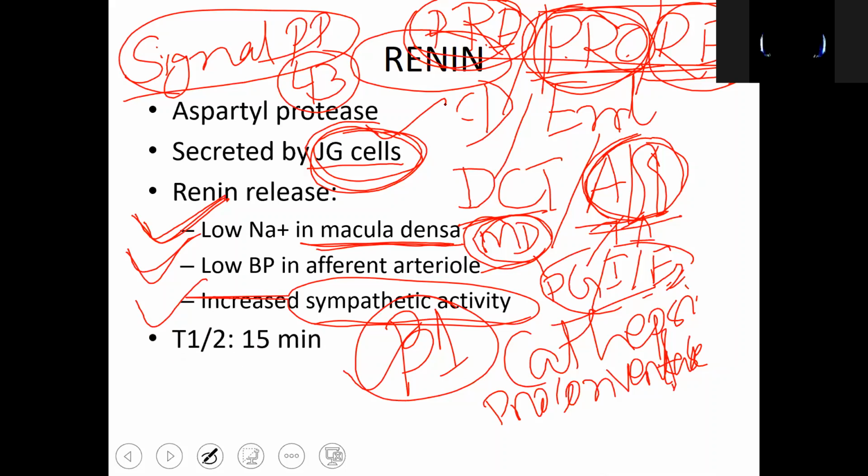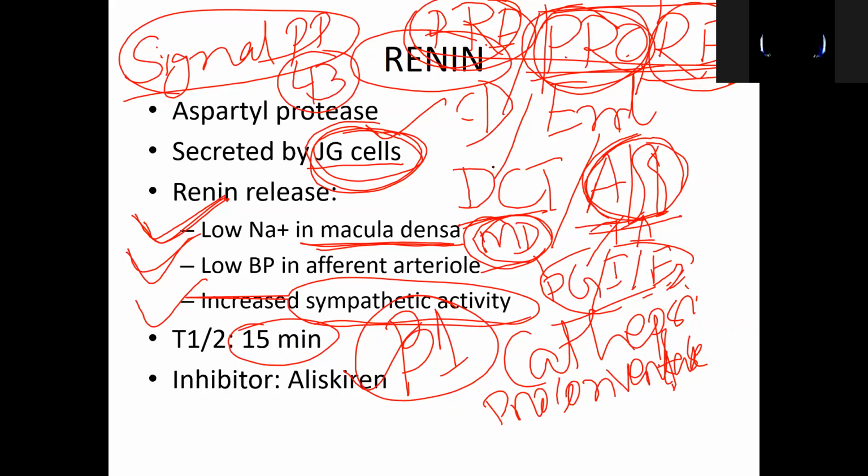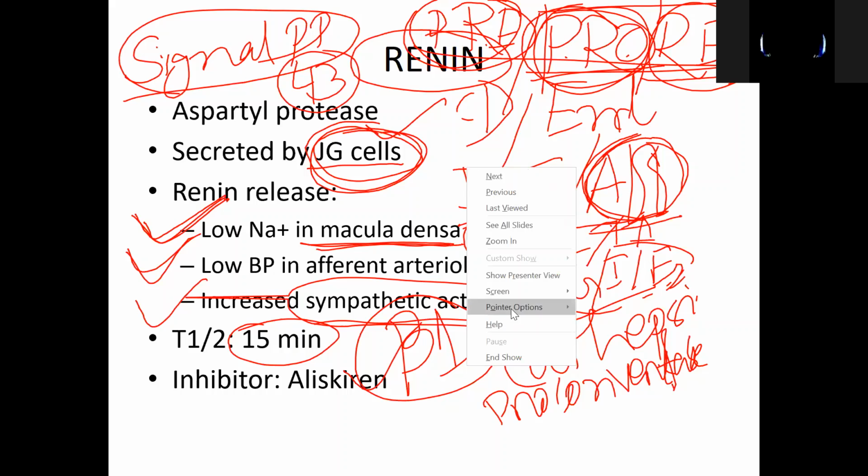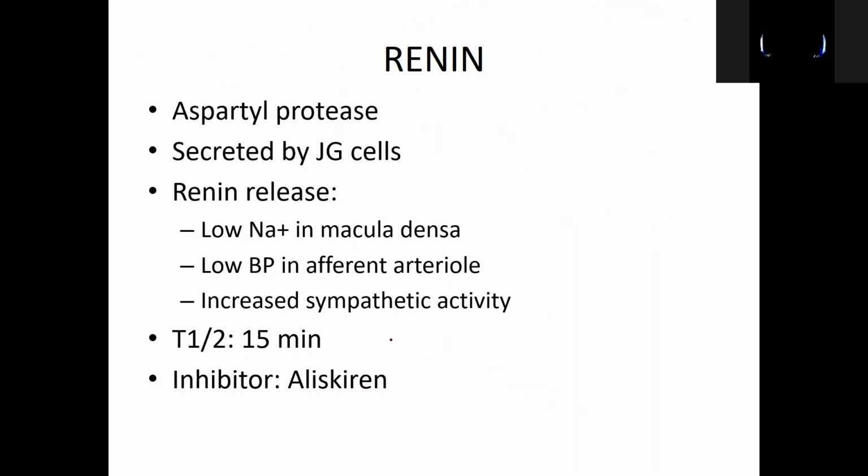Okay, and the renin once released has a very short half-life, only 15 minutes. Within that short period of time, it converts the angiotensinogen to angiotensin 1. And the inhibitors, usually the second, you may say the third line, is aliskiren.